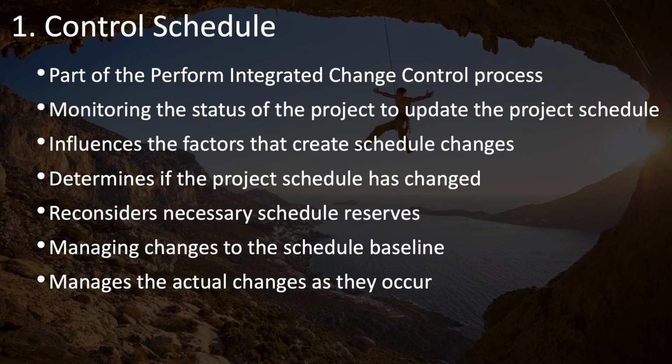As part of the control schedule process, you also review the project's schedule reserves and whether they're still sufficient, or whether they need to be increased, or perhaps even decreased later in the project when some significant schedule risks are behind you and have not occurred. Control schedule manages changes to the schedule baseline, but does this through change requests submitted to the perform integrated change control process.